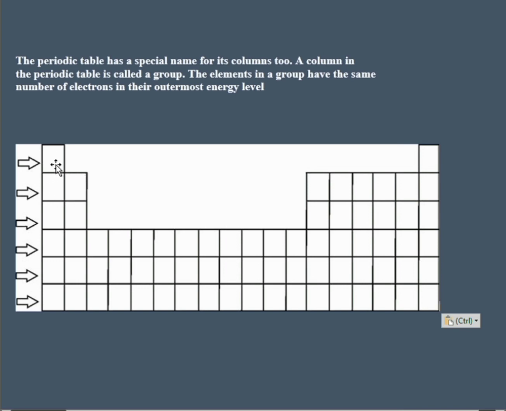Now these are the periods. We have the first period here, the second period, the third period, the fourth period, the fifth, the sixth. These are the periods in a periodic table. While naming in this periodic table, for the periods we use numerical numbers.